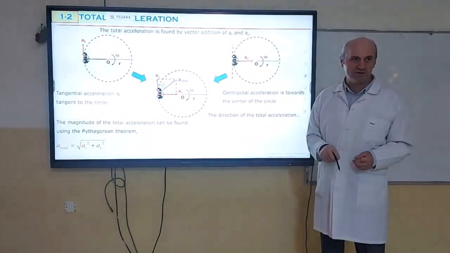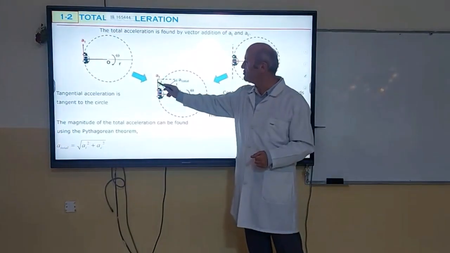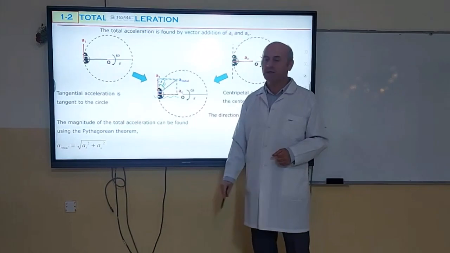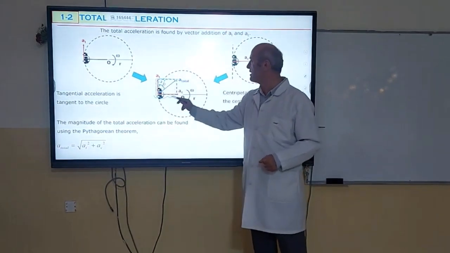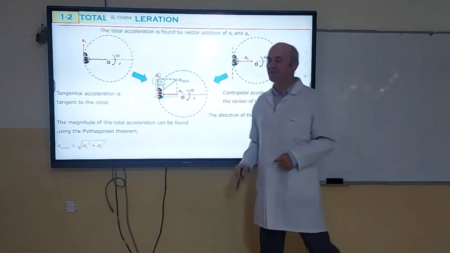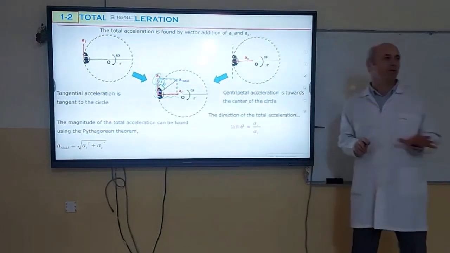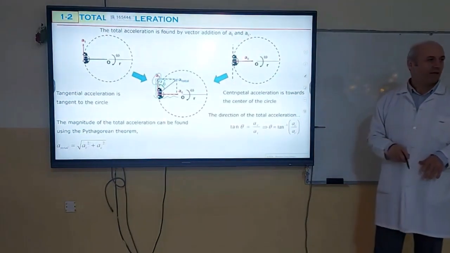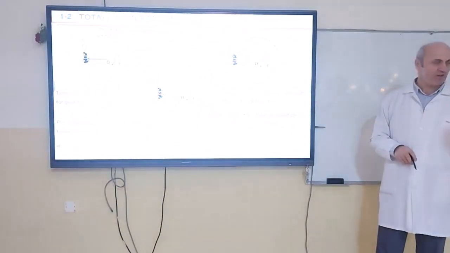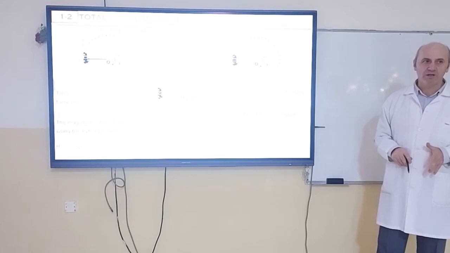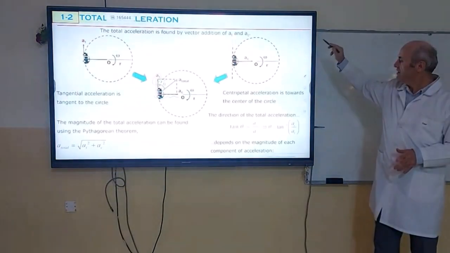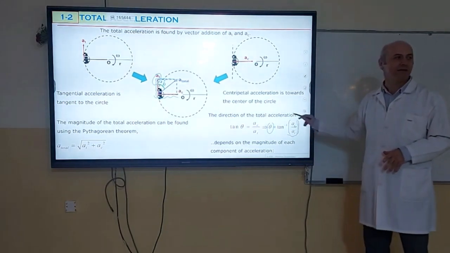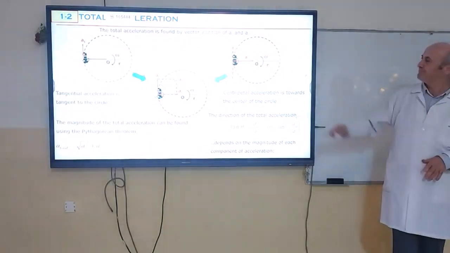In this right triangle, tangent theta is the opposite perpendicular leg, which is AC, divided by the adjacent perpendicular leg, which is AT. If we divide AC by AT, we calculate tangent theta. When we take the inverse, we get the angle between the direction of velocity and total acceleration. And as you see, this theta depends not only on AC, not only on AT, but on both of them.